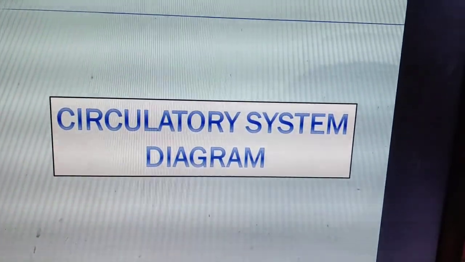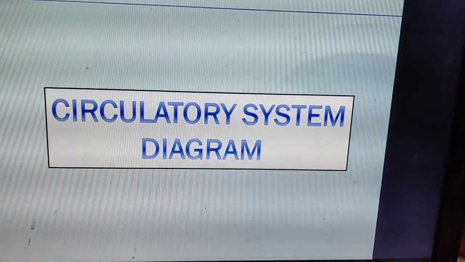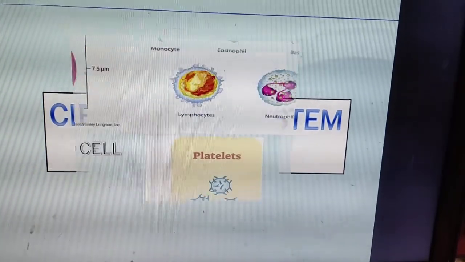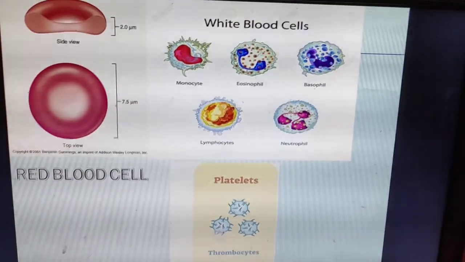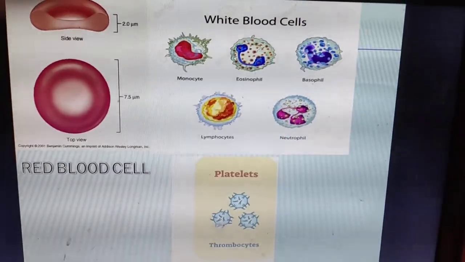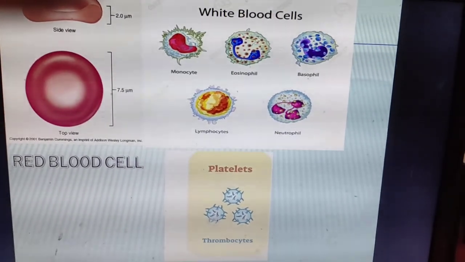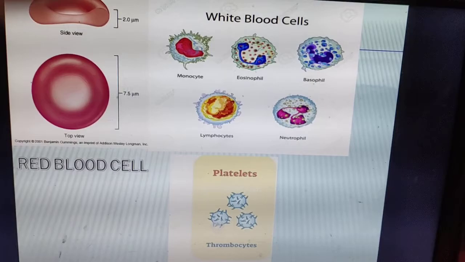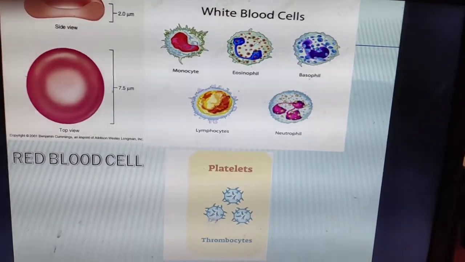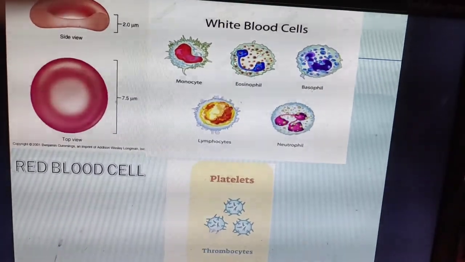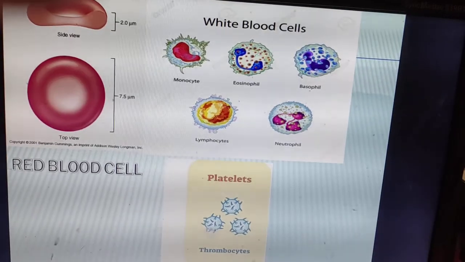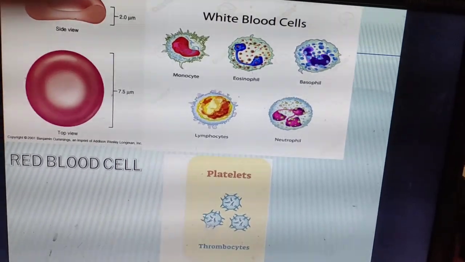Next, circulatory system diagrams. The first thing which you have to practice are the blood cells. As you can see, three types of blood cells we have. We all know that: red blood cell, white blood cells, and platelets. Now red blood cell, here I'm showing you top view and the side view.